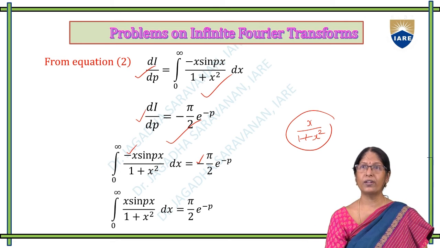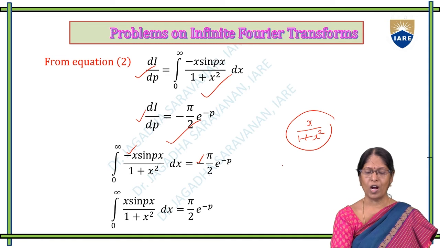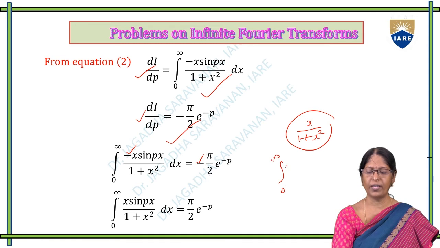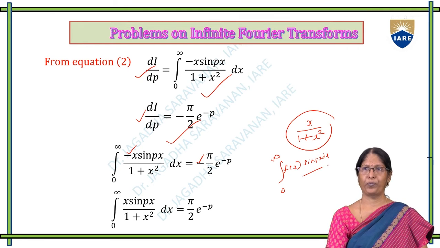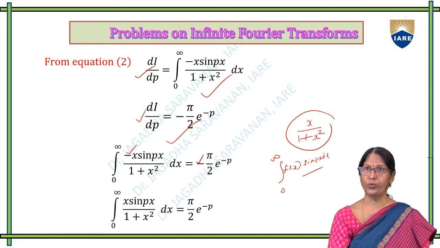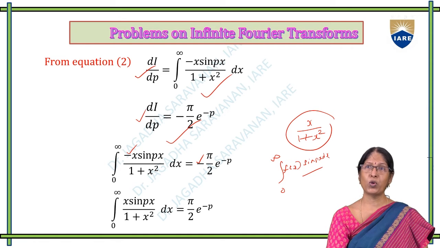If it is the Fourier sine transform, the formula is integral 0 to infinity f of x sin px dx. This is the formula, but we don't want to do it this way. The first part, Fourier cosine, we did in a similar manner.